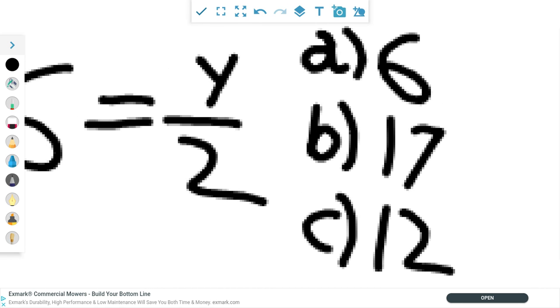Alright, now we are going to show the answers. A, 6 cannot give you 6 if divided by 2. Instead, that will give you 3. If selected, that would mean an entire mistake. B, 17. Dividing 17 by 2 would result in a decimal answer, and for this problem, we are not learning about converting fractions to decimals.